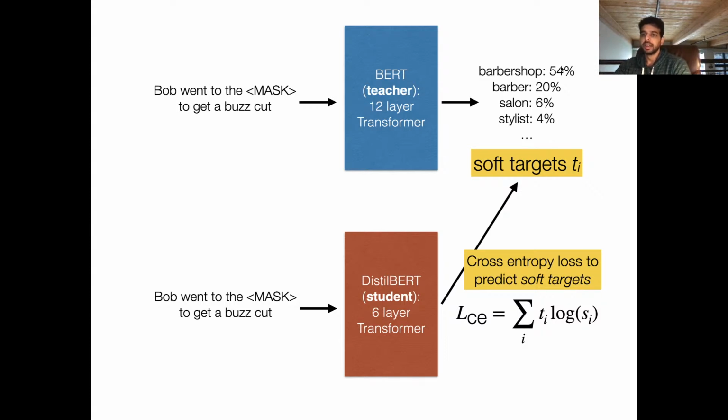So the soft target is not simpler to predict, but it does contain more information than just the simple one hot target, which is the intuitive reason why doing this training with soft targets is better than just training your small model from scratch on the hard target.